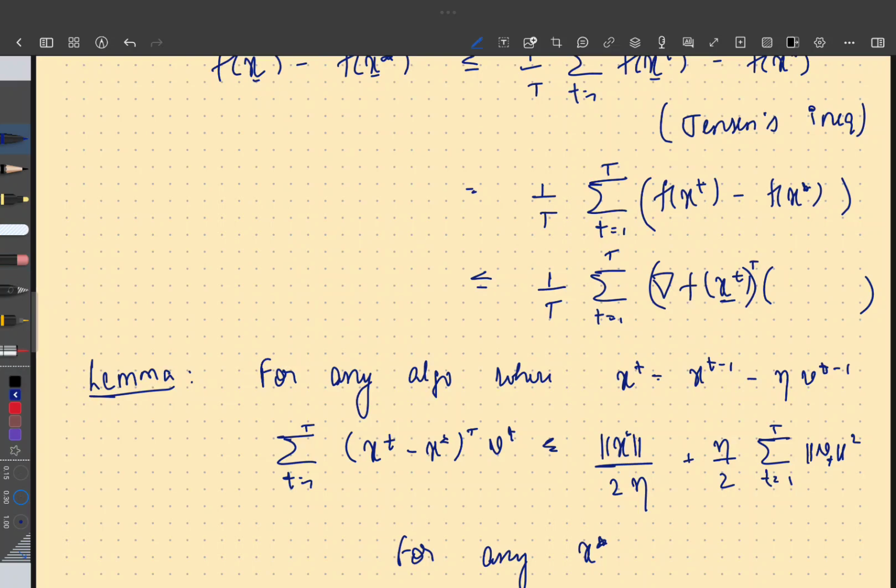So f of x star is greater than or equal to f of x_t plus gradient of f of x_t times x star minus x_t. Yes, that's correct. We made a sign mistake. You take f of x star on the other side and the other term, the gradient, on the other side. So this is correct.